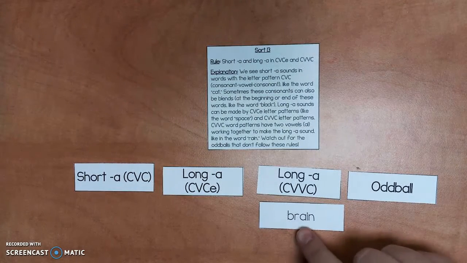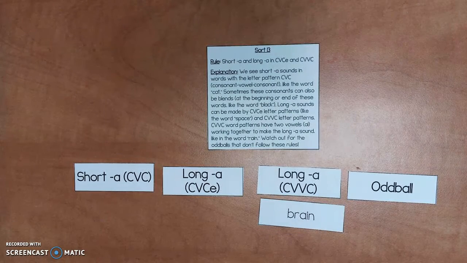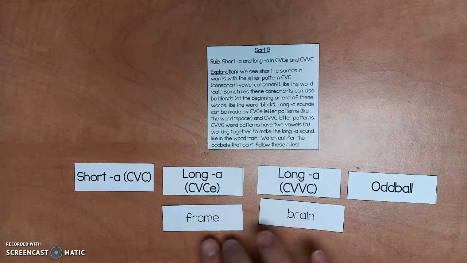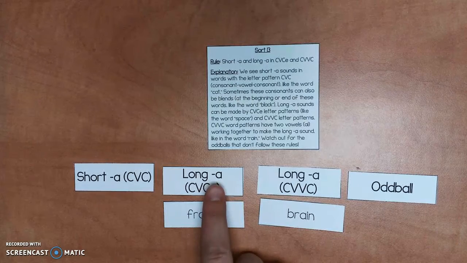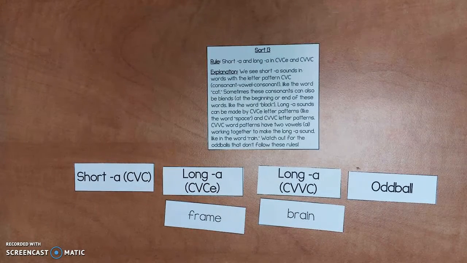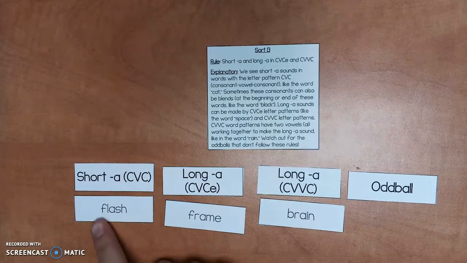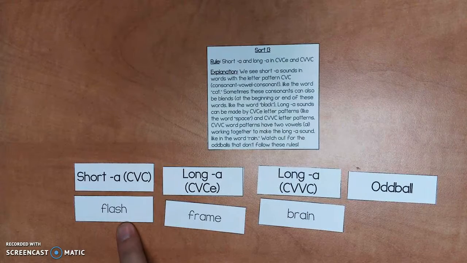Okay, that's being made by this AI vowel combination. So we've got words like frame. There's our A sound, but it's got an E on the end. We have words like flash. That's our CVC word. We just have two letters here, right?